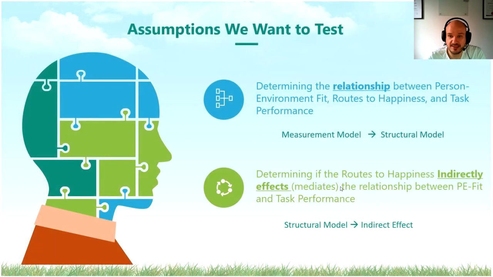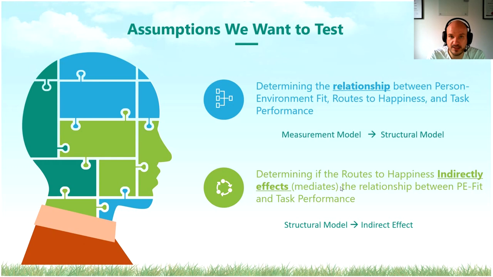We want to test in the next videos two basic assumptions. We want to determine the relationship between person-environment fit, these routes to happiness, and task performance. We'll first be estimating 4 measurement models, so 4 models that we can compare with one another. That's theory-driven, not just random models that we come up with from our head.